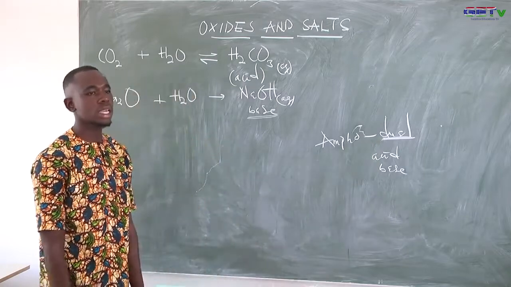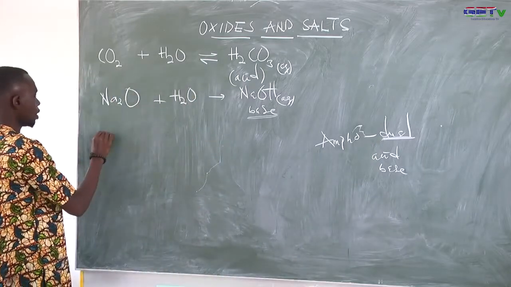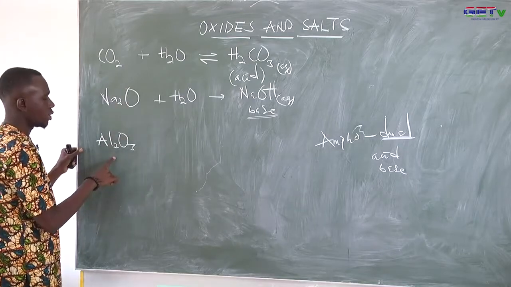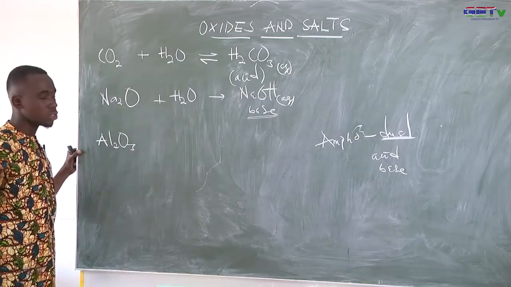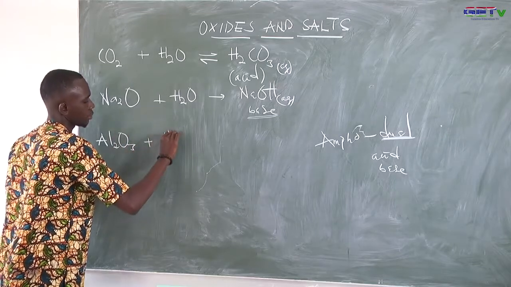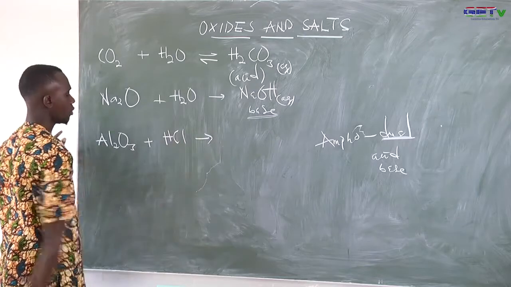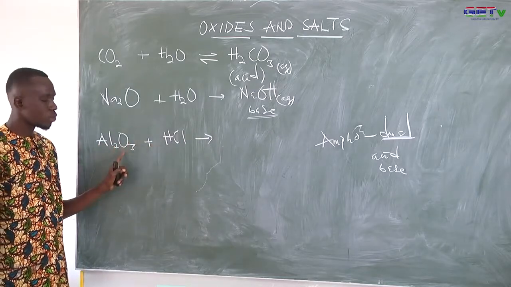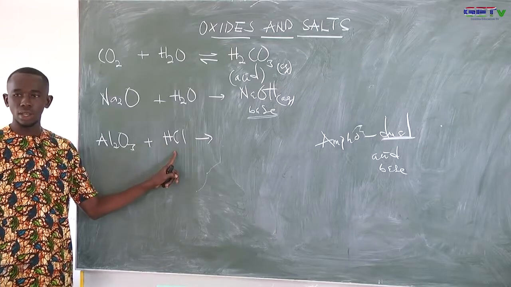Now let's take one of the oxides there, which is Al2O3, aluminum oxide, which is an example of an amphoteric oxide. So this aluminum oxide reacts with an acid. See now, in this case, the aluminum oxide is playing the role of the base, because it is reacting with the acid.